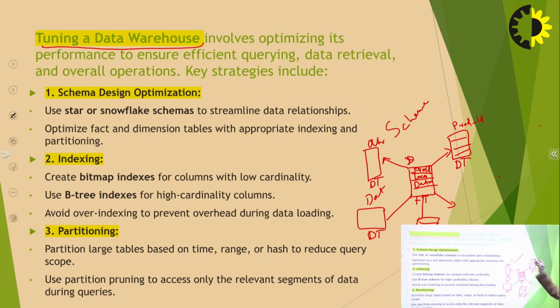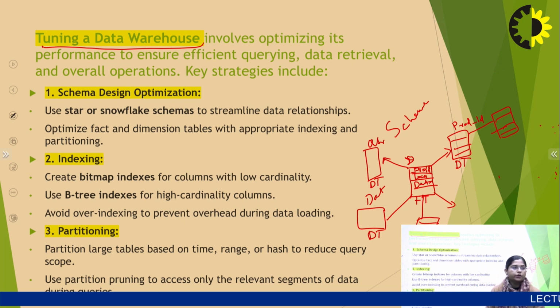Likewise, it will form a star-like structure, so it is called the star schema. And in the snowflake schema, there are some more dimension tables attached to these dimension tables. So it will form a snowflake schema. Use a star or snowflake schema to streamline data relationships.